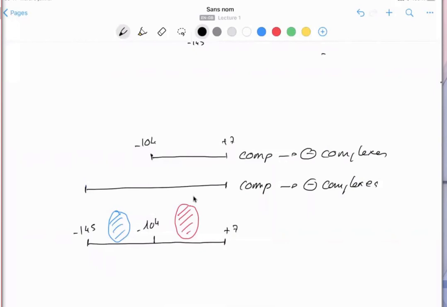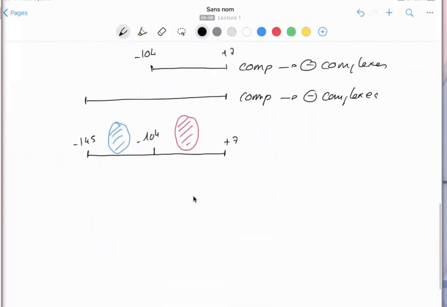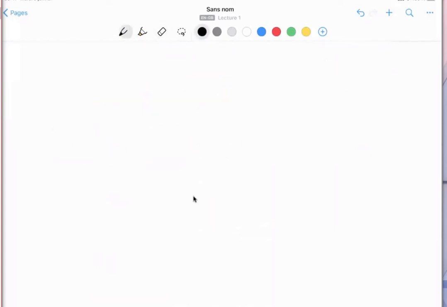Does it make sense for you? So we would be in a model which is like this. This region of the promoter, so minus 145, P plus 7. You can be in the middle, 104. We can be in a situation where we've got the red in interaction. This is okay.